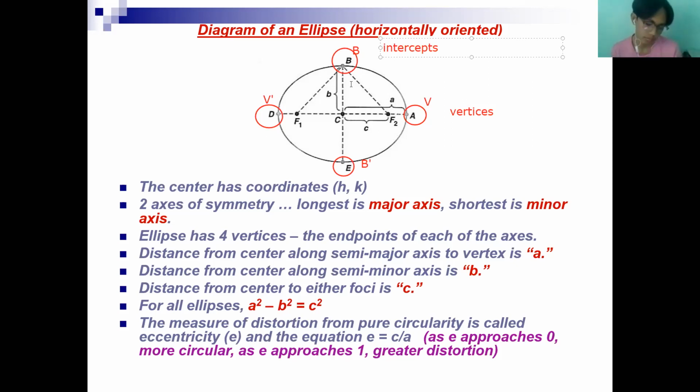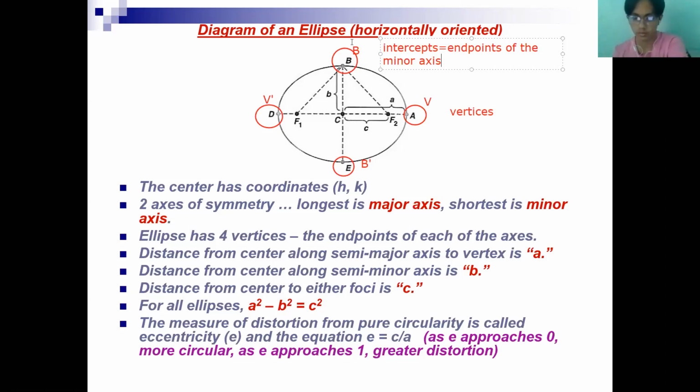Intercepts do not put a letter X or Y. It's just termed as intercepts. So if the question is stated in this way, find the coordinates of the intercepts of your ellipse, that means the endpoints of your minor axis. Okay, intercepts are endpoints of the minor axis, and then vertices are endpoints of your major axis. Get it?